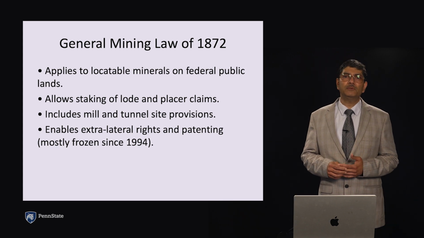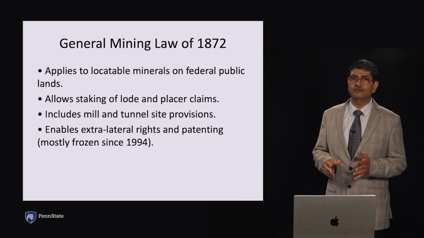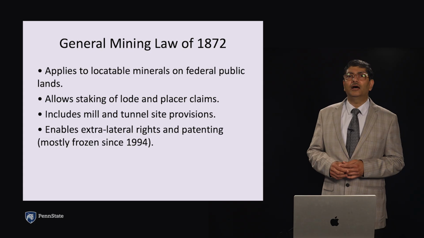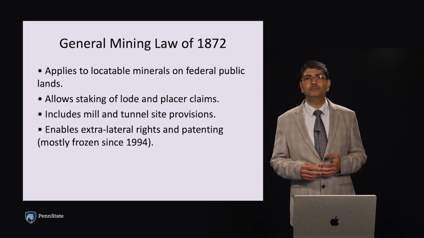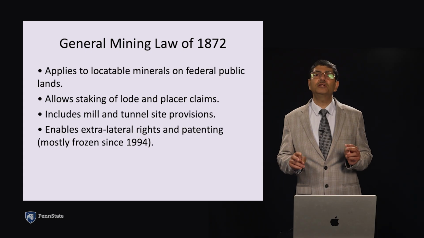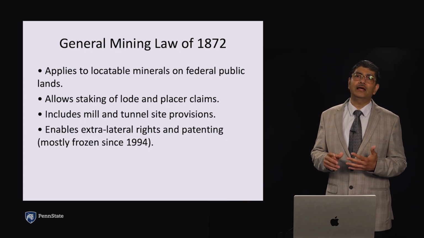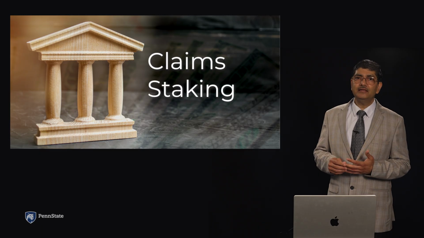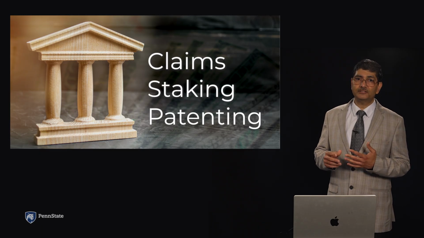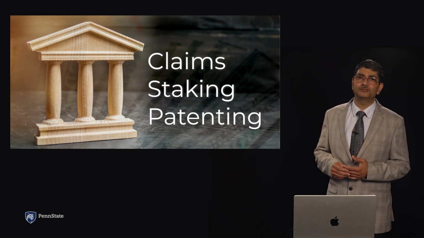Now, most of these patenting rights were frozen in 1994. We'll talk about that. Despite its age, which is obviously quite some time, this law still forms the foundation for public land access. The details of claims, staking, and patenting are essential knowledge that a mining engineer should have.